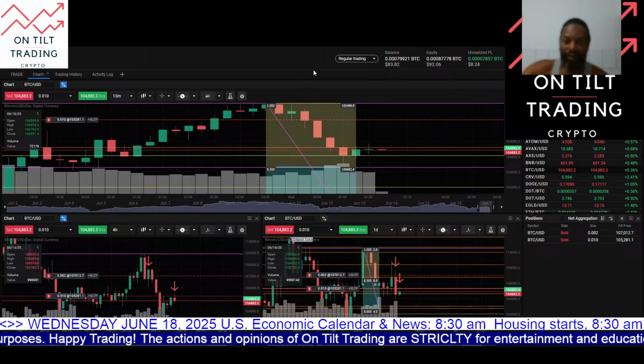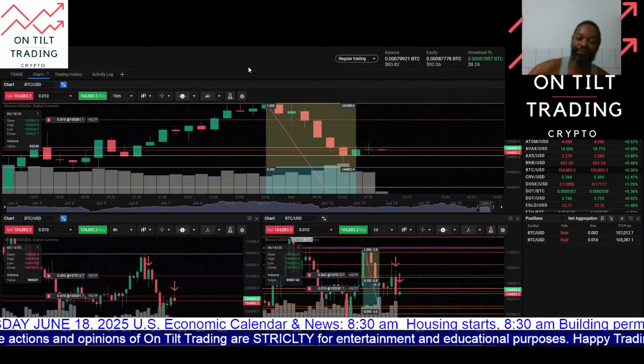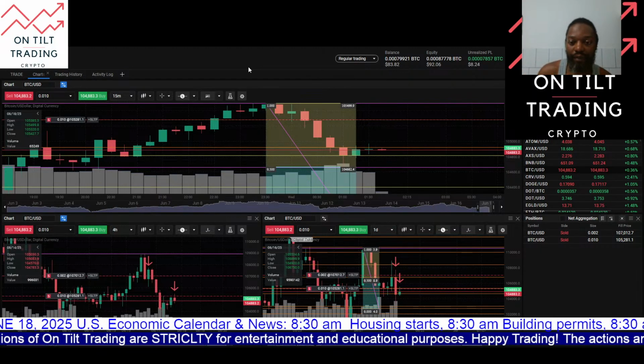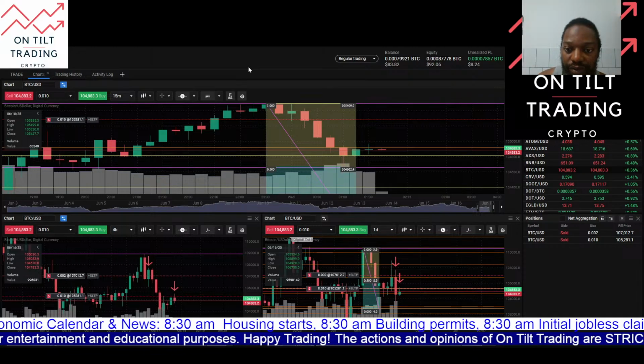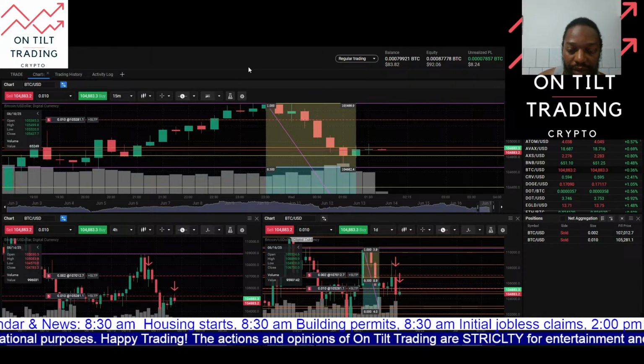So I'll allow this candle to close before taking an entry, just to confirm the swing high.